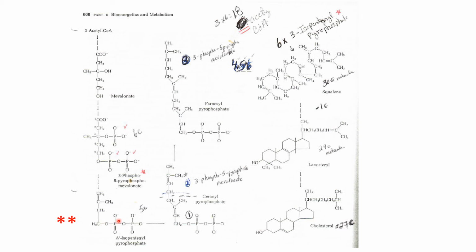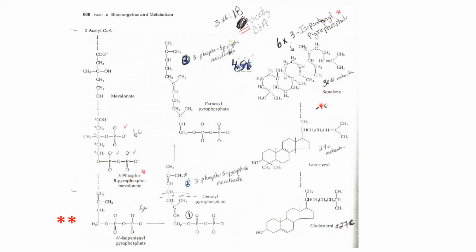My point is to go from here to here to here to here, after we're all said and done, it's going to take 6 isopentenyl pyrophosphates to make squalene. And squalene has 30 carbons, and all we have to do now is get rid of 3.